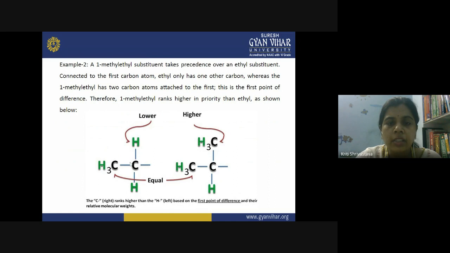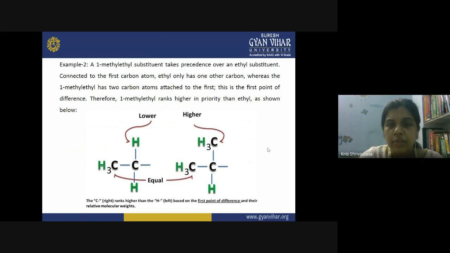Because this carbon is attached to your stereogenic center, and this carbon is attached to the stereogenic center. When you move inside the chain, you will get the similar CH3, right? But on the other side, you have a CH3 group attached to the ethyl group. So now this will be given preference because the carbon atom has higher molecular weight as compared to the hydrogen at the similar position.